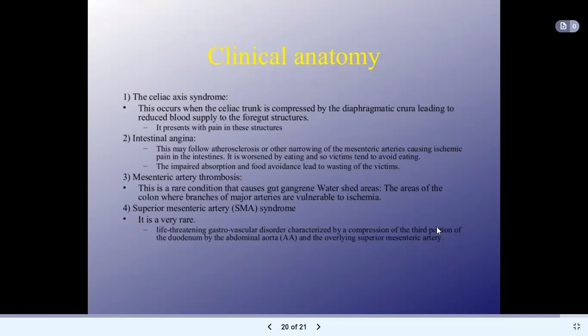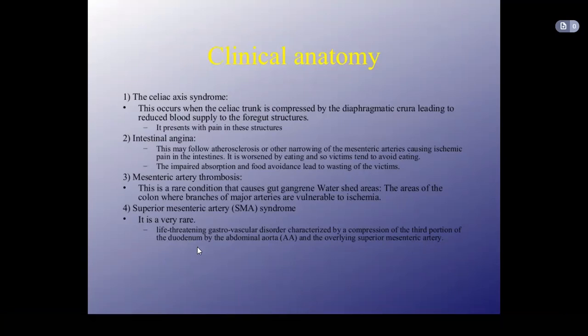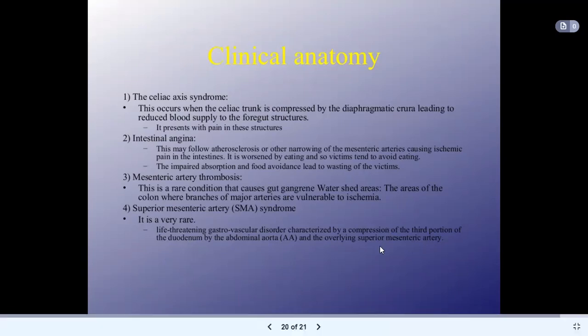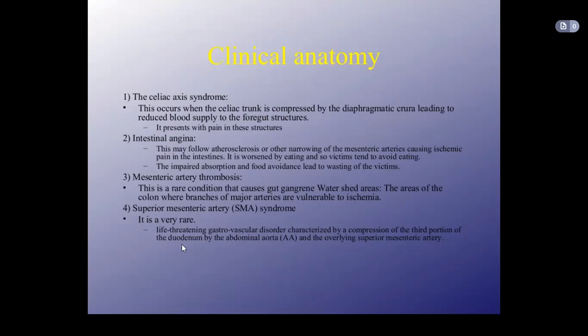When you compress the duodenum, to some extent, the superior mesenteric artery and the abdominal aorta cannot properly supply blood to the duodenum, and that means that the duodenum would not be able to perform its function.